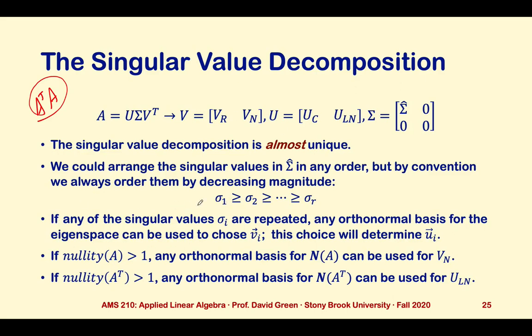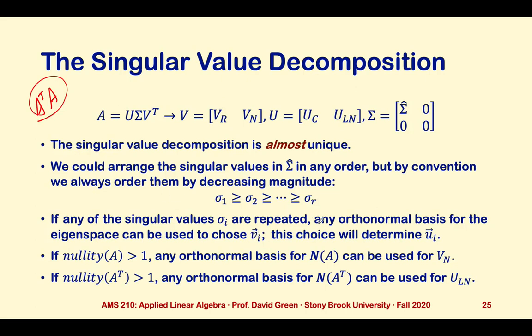So that handles this piece. If any of the singular values are repeated, that is, they have a multiplicity of more than one, then we have some ambiguity in defining the corresponding v_i, the corresponding row space vectors.